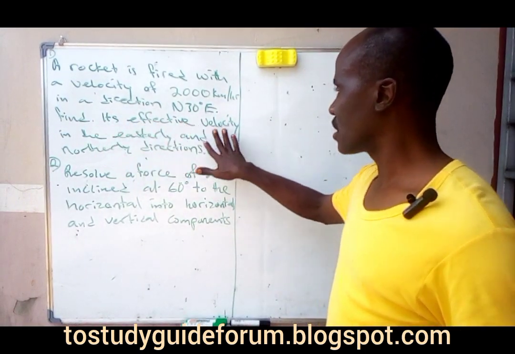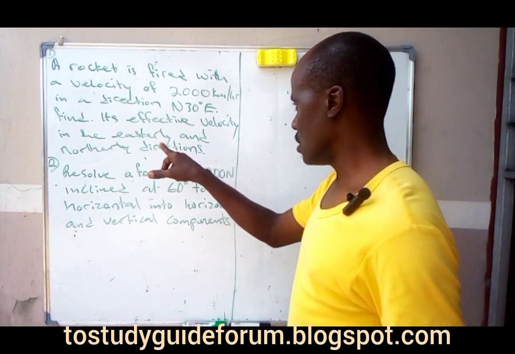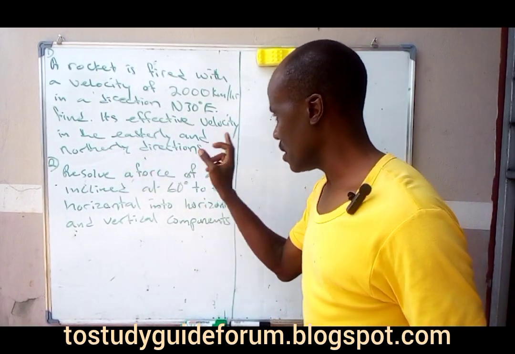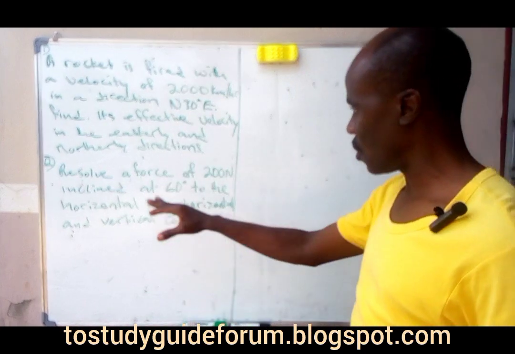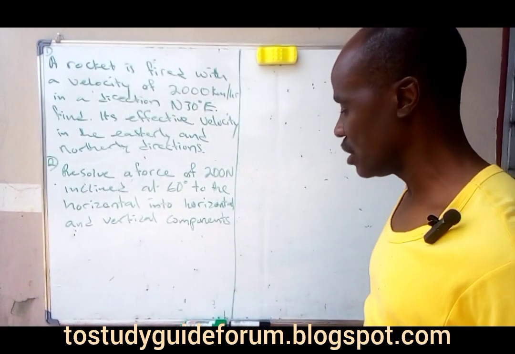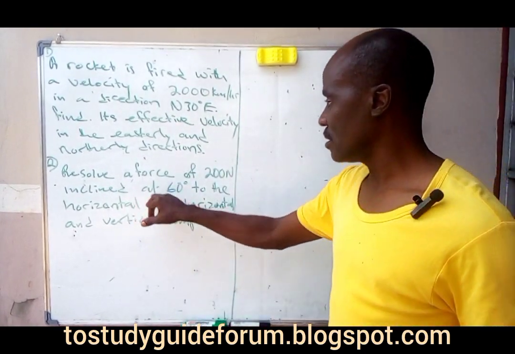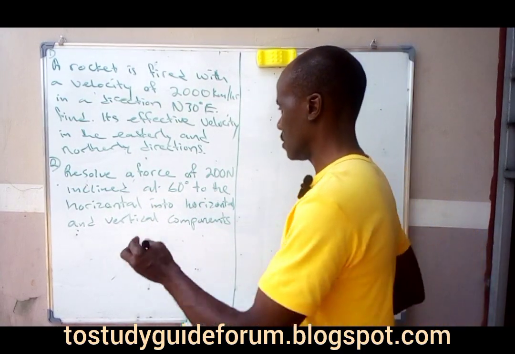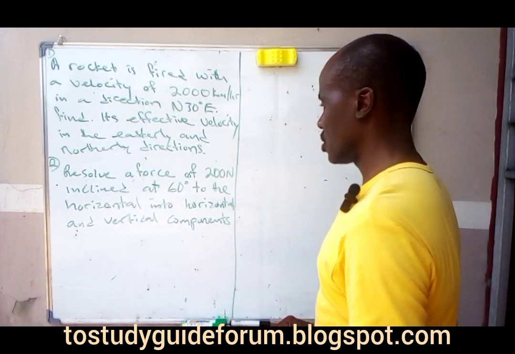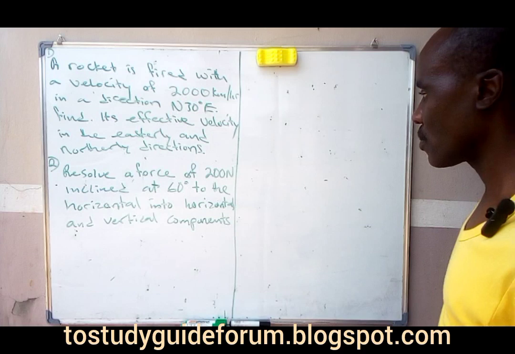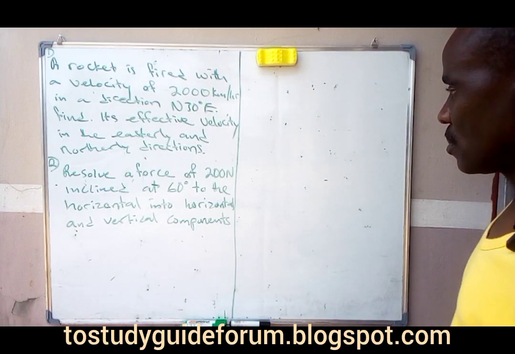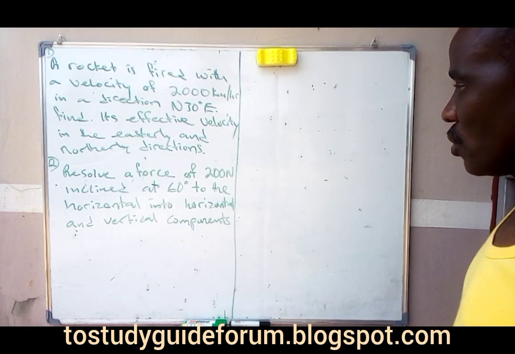Find its effective velocity in the easterly and northerly directions. The second one says: resolve a vector of 20 Newton inclined at 60 degrees to the horizontal into horizontal and vertical components.